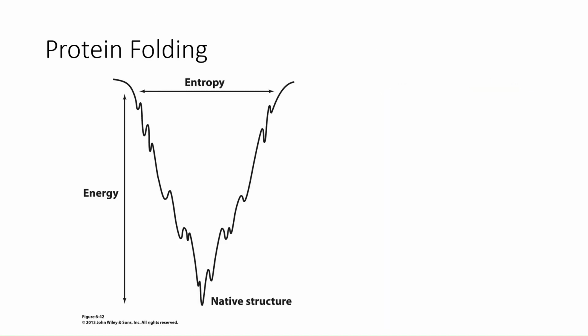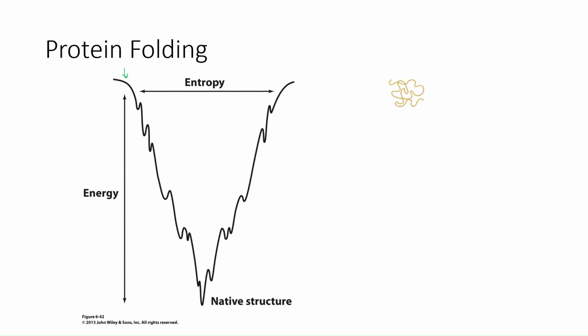So that brings us to a little bit more about protein folding. Here you see this funnel-shaped diagram that depicts the energy and the entropy as a protein is folding. At the beginning, on the upper left, the protein is completely unfolded.